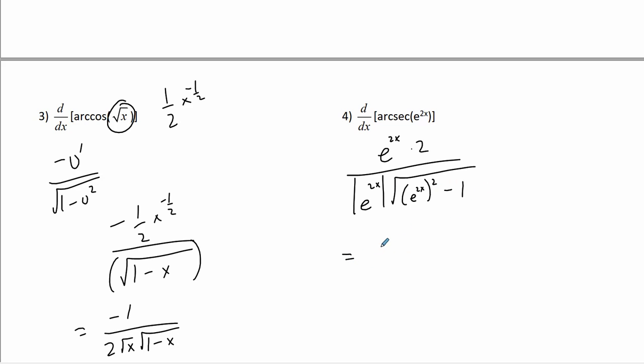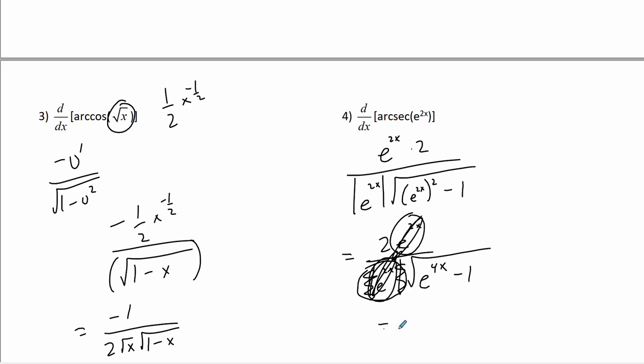Let's clean that up: 2e to the 2x over the absolute value of e to the 2x times the square root of e to the 4x minus 1. If we think about it, e to anything is always positive, so those absolute value bars don't matter. Then this and this are the same, so those cancel. I end up with 2 over the square root of e to the 4x minus 1, and there's your derivative.